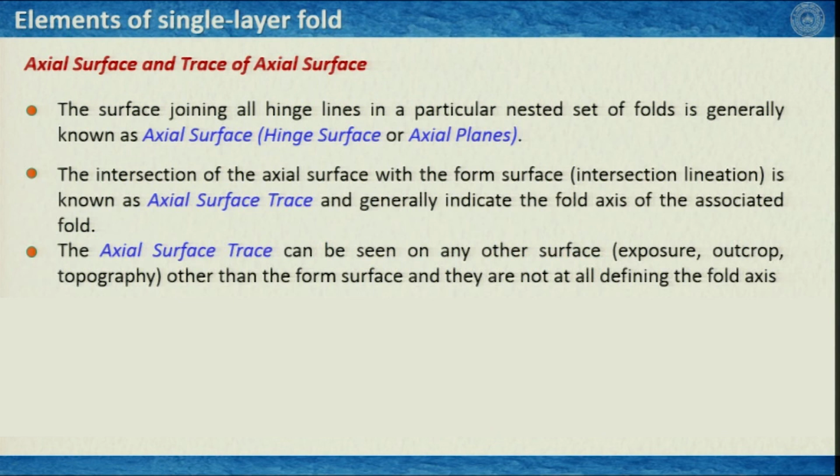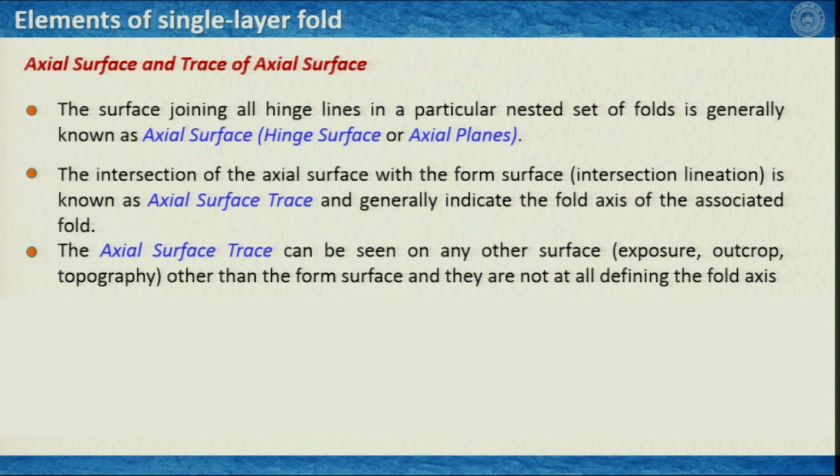The surface joining all hinge lines in a particular nested set of folds is generally known as the axial surface. It is also termed the hinge surface or axial plane.